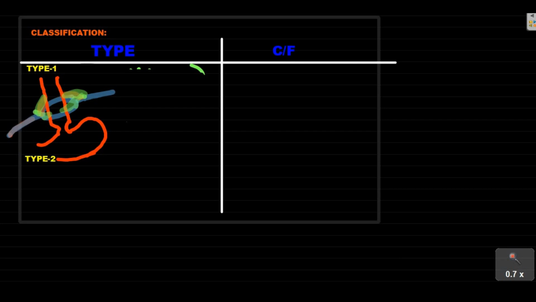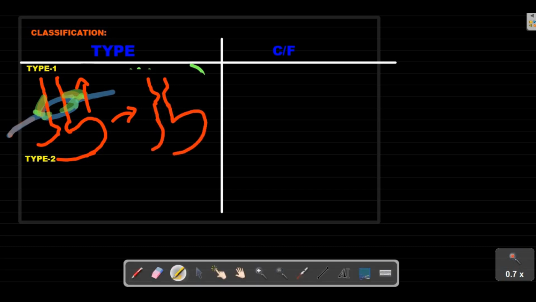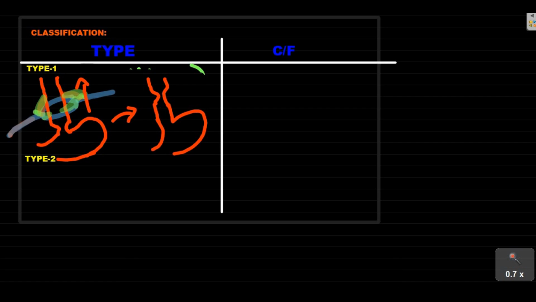So that would result in upward sliding of the esophagus. And now the gastroesophageal junction, which is normally supposed to be below the diaphragm, will now end up being above the diaphragm.